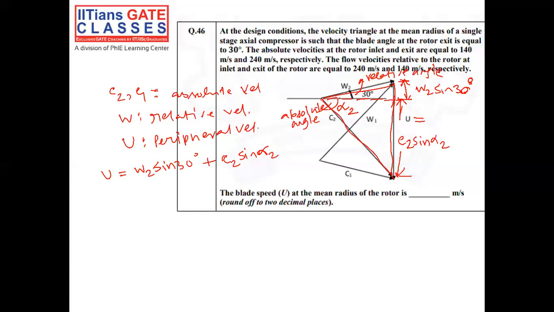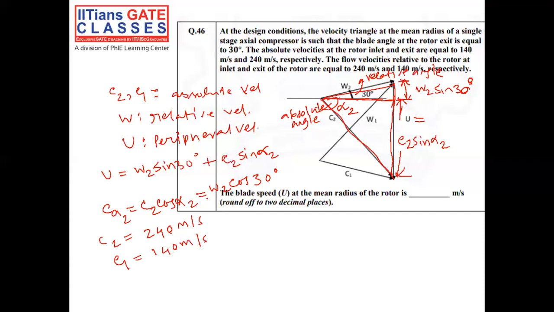Now the axial velocity CA2, again from trigonometry, you can find out that this is equal to C2 cos alpha 2, which is equal to, from this triangle, W2 cos 30 degree. C2 is given as 240 meter per second, and C1 is given as 140 meter per second.